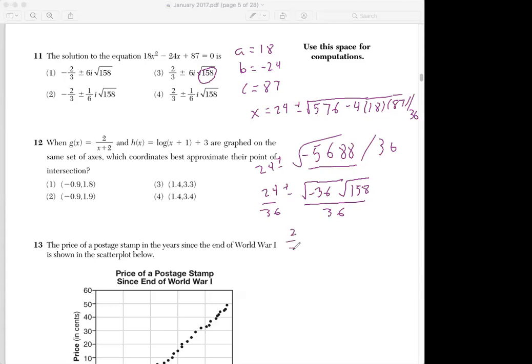So this is 2/3 plus or minus 6i radical 158 over 36. 2/3 plus or minus i radical 158 over 6. So the answer is answer choice 4 for that one.